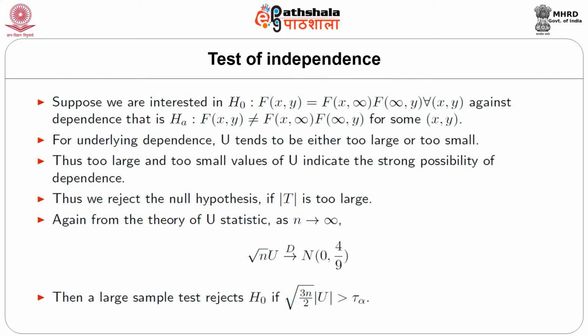Again, the distribution of U is symmetric about 0 under the null hypothesis. Thus, we reject the null hypothesis if the absolute value of U is too large.